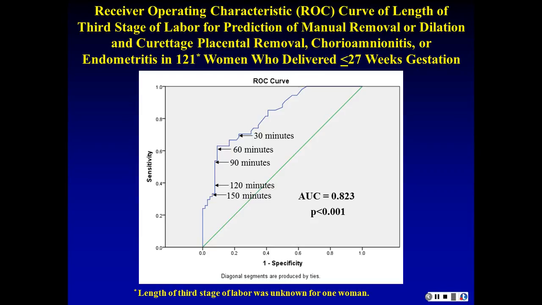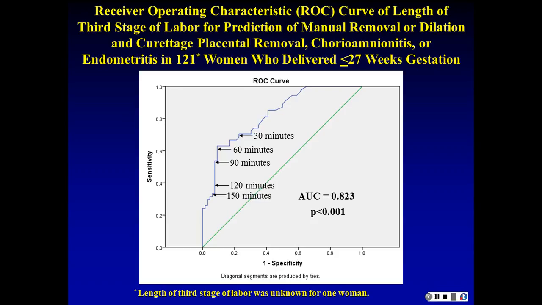And then as you notice, as the length of third stage of labor continues to increase, 90 minutes, 120, 150, what you essentially have is that your specificity really stays approximately constant between like 92 to 94%, while your sensitivity plummets. So probably the optimal cutoff to use would lie somewhere between 30 minutes and 60 minutes.